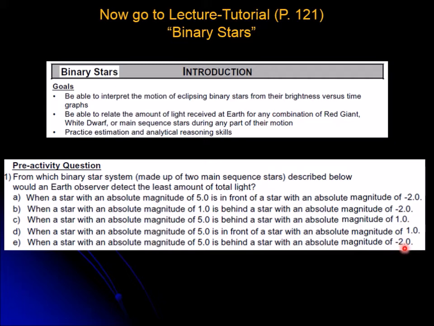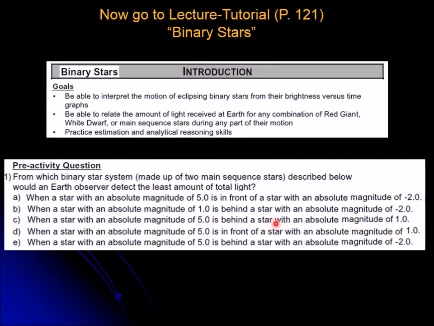Well, here, if this one is behind this one, then this is much brighter, so we're going to see a lot of light. In this case, the 5 is in front of a 1, so this is dimmer. It will be reducing the intensity of this one because it's in front, so this is going to be dimmer than this one.